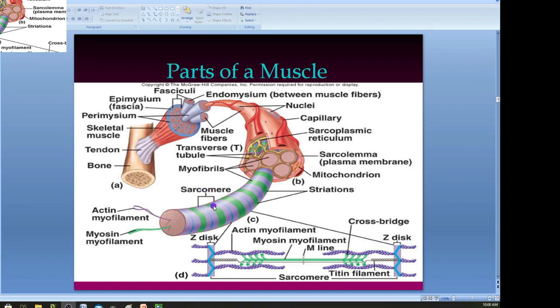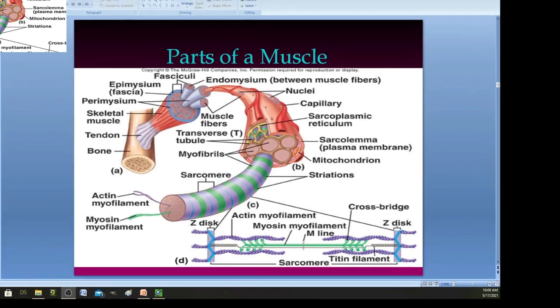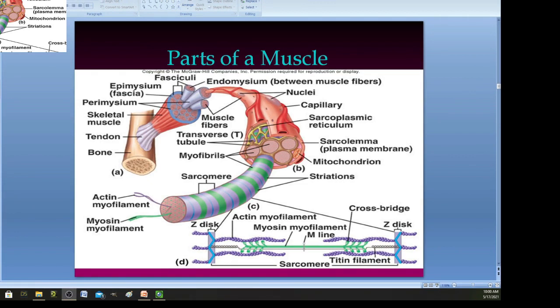And what they've done is they've taken this myofibril and they've blown up one of our sarcomeres. And so your muscle is made out of millions of sarcomeres, okay?